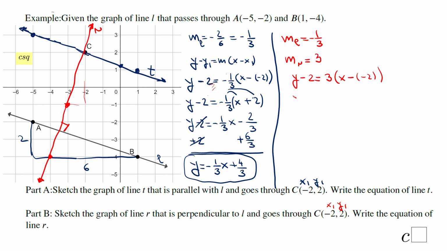So we have here y minus 2 equals 3 times the quantity x plus 2, distributive property now. And we have here 3x plus 6. And the last step, add 2 on both sides.